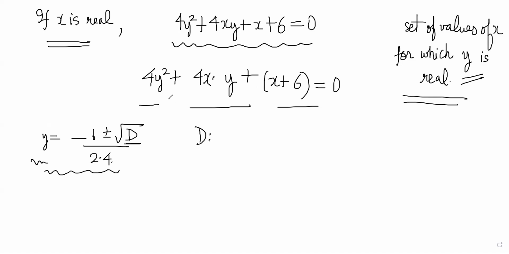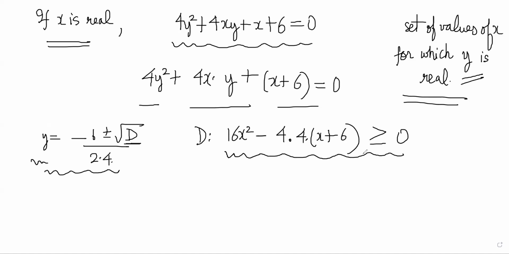The d for this quadratic is 16x squared minus 4 into 4 into (x plus 6). Now you have a quadratic inequality that you have to solve. You just need to find the values of x which make this happen.